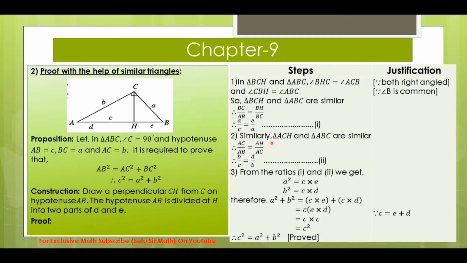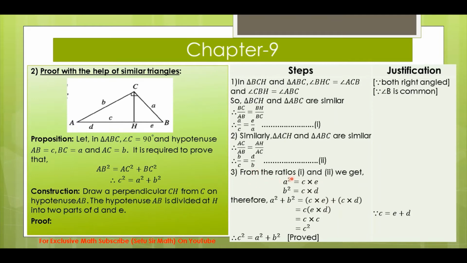Similarly, triangle ACH and the whole triangle ABC are also similar, the same way. Therefore, AC divided by AB equals AH divided by AC, and we put down the values: b instead of AC, c instead of AB, d instead of AH, b instead of AC.